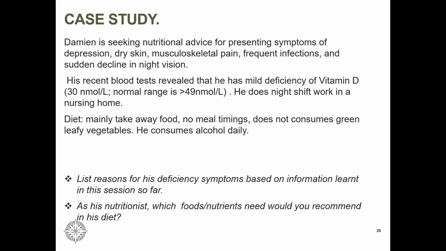So try to make a priority list for yourself: if a client is coming to me with deficiency symptoms of fat soluble vitamins, which cofactors do I need to be mindful to incorporate in their diet or as a supplement? So maybe just 1 minute to go through the case study and make a list for yourself.